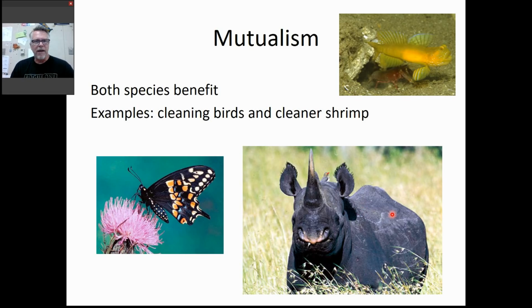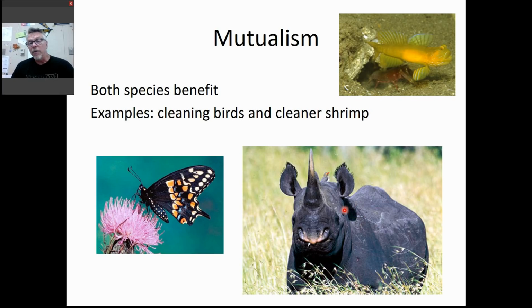And that can be a bad thing for the rhino, to have a bunch of critters burrowing into its skin and damaging its skin. So the rhino has this symbiotic relationship with this cleaner bird that hangs out on the back of the rhino and eats the bugs and parasites that would cause the rhino skin problems.